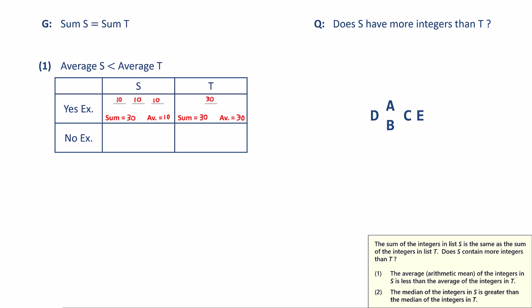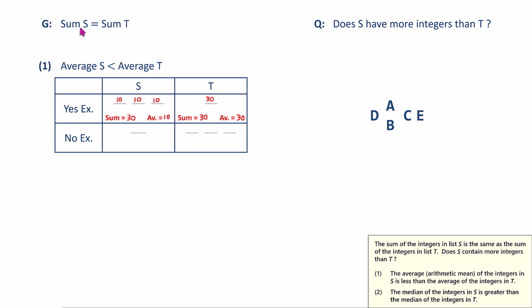Since 10 is less than 30, this meets the requirement that average S has to be less than average T. Now let's try to find a case where no, S does not have more integers than T. So let's say that S is the one that has one number, and T is the one that has 3 numbers.